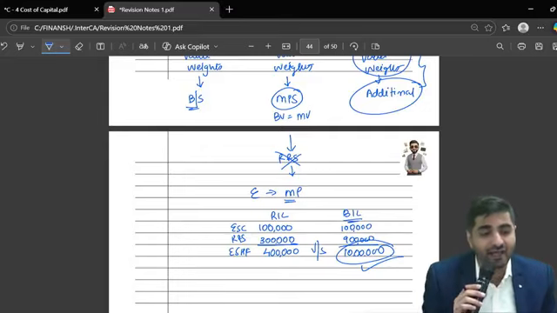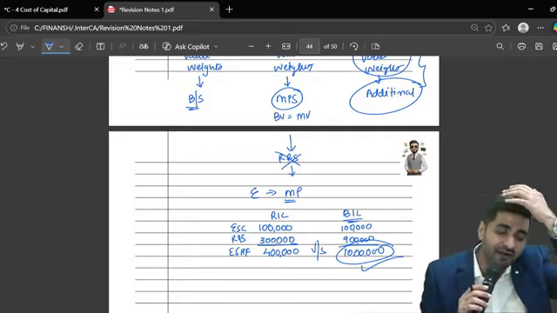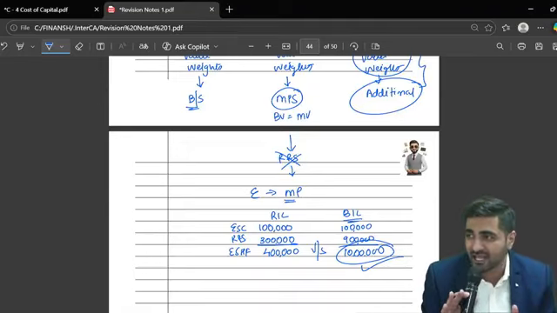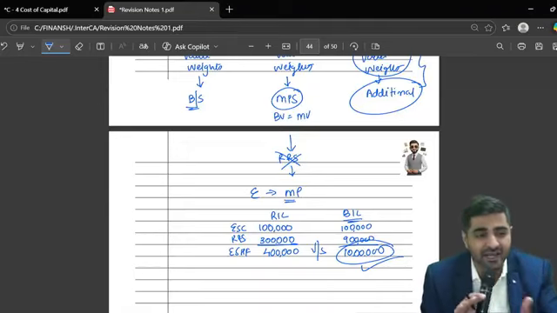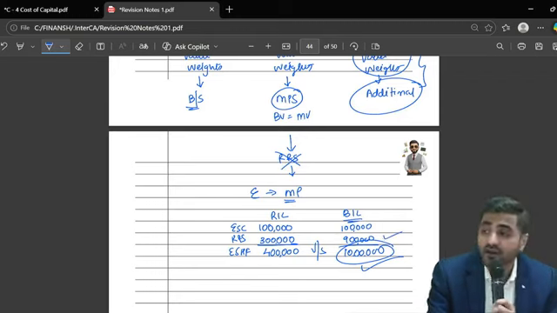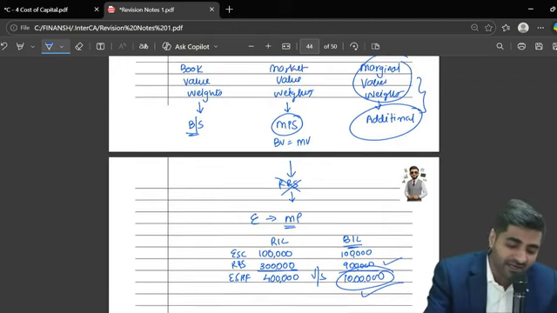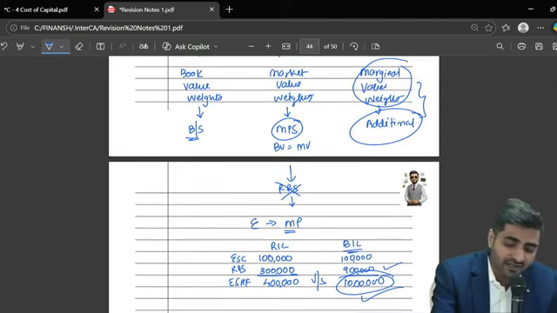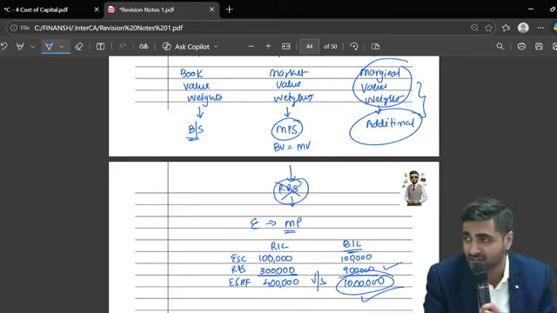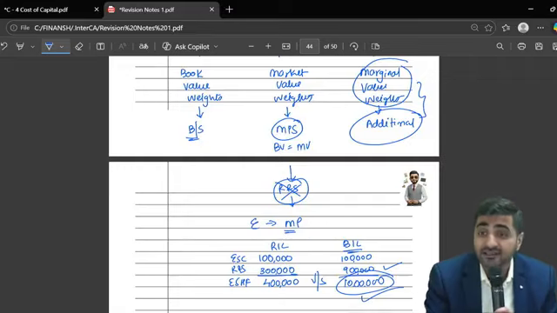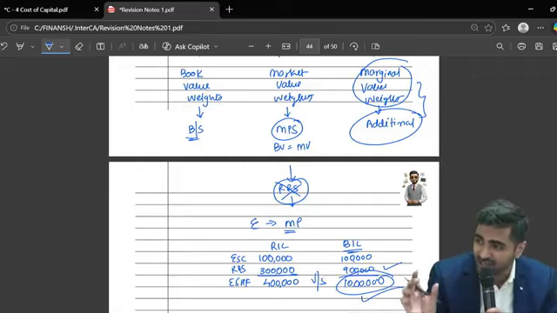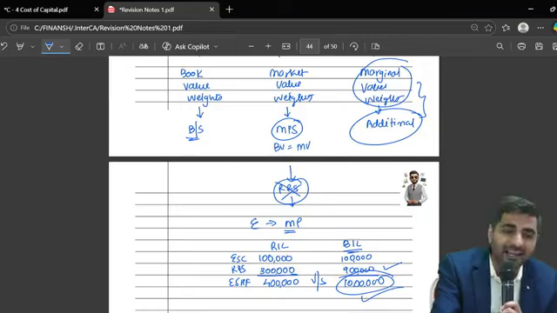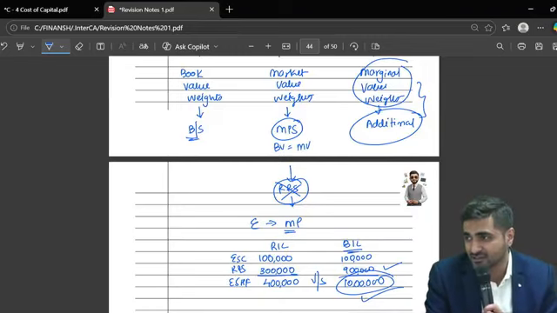So when BIL will have a higher market price, market price in BIL will be higher. And why is it higher? Can I say because of the impact of reserves and surplus. So in market value weights, are we going to consider reserves and surplus, or we are not going to consider reserves and surplus? We will not consider reserves and surplus. Why? Because equity share market value is after only taking into consideration the impact of reserves and surplus.